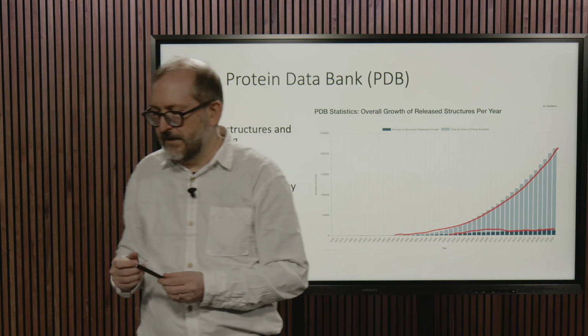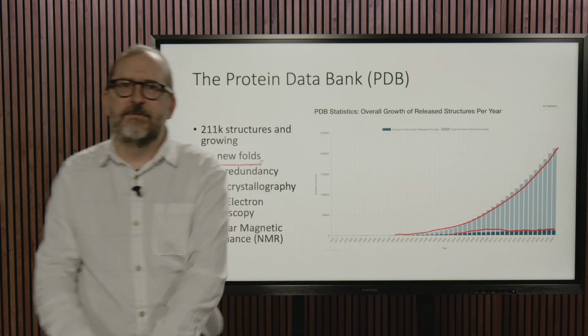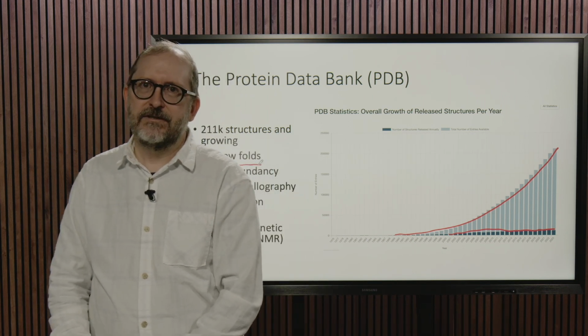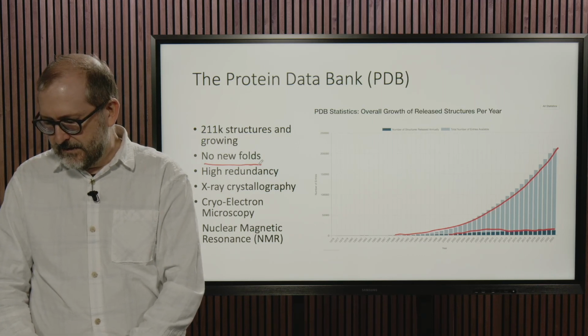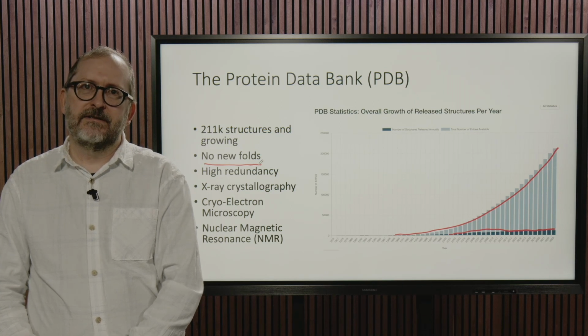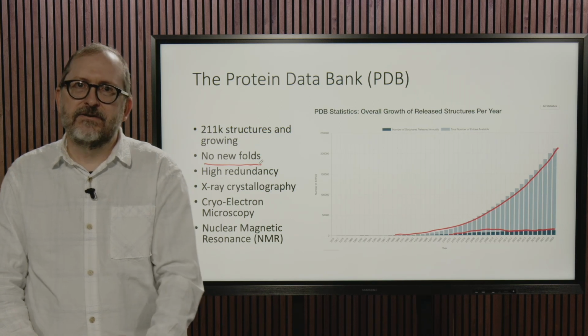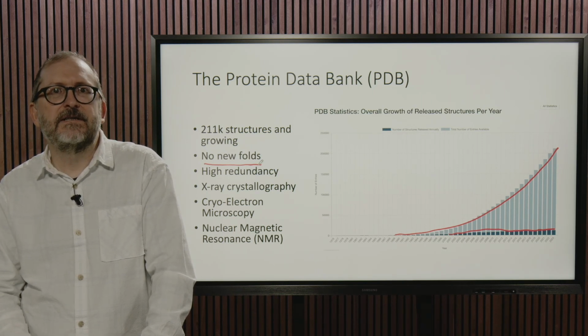Furthermore, there are some proteins that get more attention than others. For example, if it's a human protein, it's likely to get more attention than a protein from another organism. If it's a medically important protein, then it will get more attention still. And so there are some proteins that have been crystallized over and over again.